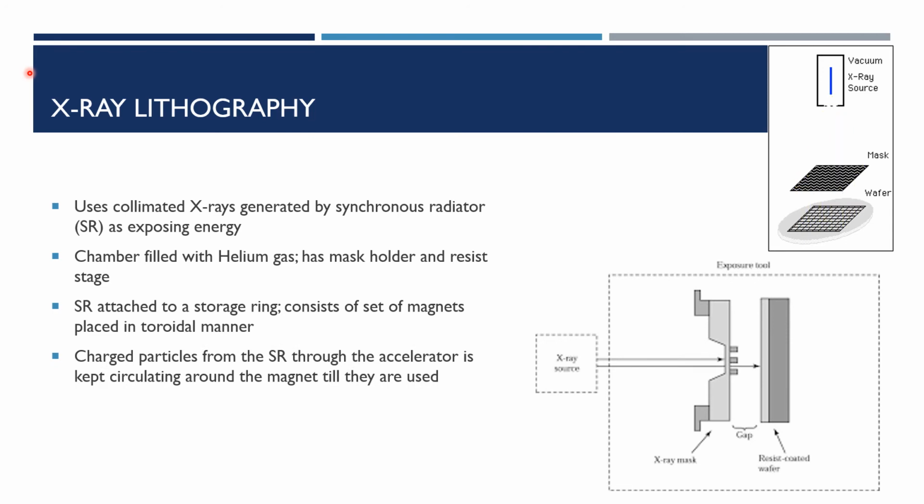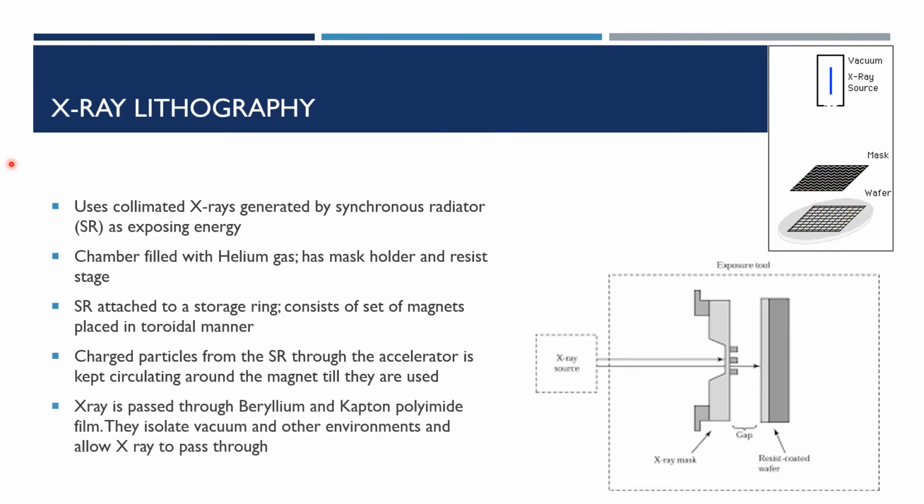The charged particles from this synchrotron radiator will pass through the accelerator, which increases their kinetic energy, and they will circulate along these magnets placed in the ring shaped X-ray source. They will circulate till they are allowed to pass down to the chamber.